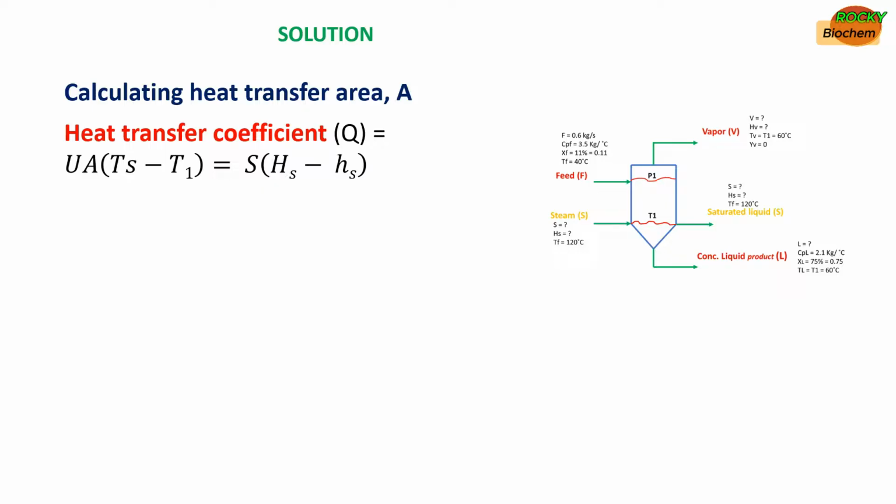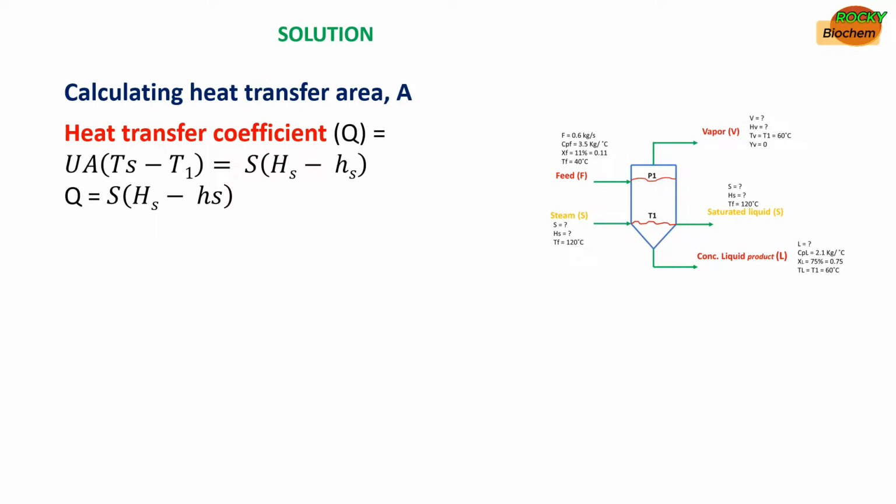So you can use either of them to calculate for your heat transfer coefficient. The question needs the value of A, but looking at UA multiplying TS minus T1, when we equate this to S multiplying HS minus small hs, we can straightly get our value for A. So let me first of all calculate for the value of Q and then equate it to the first side of the equation and then use it to calculate for A.